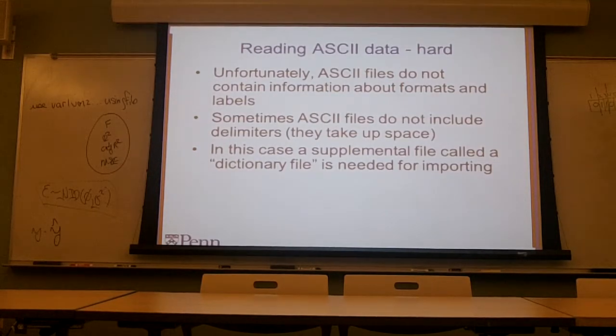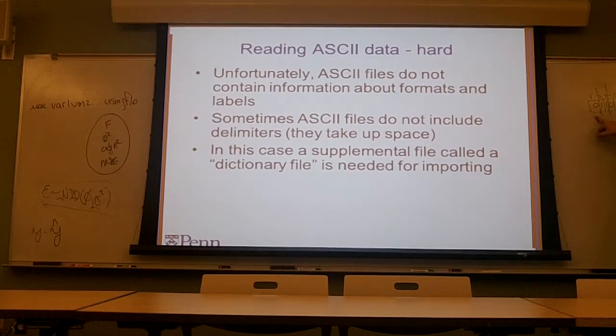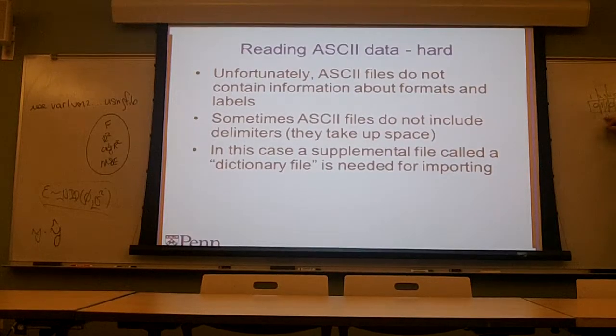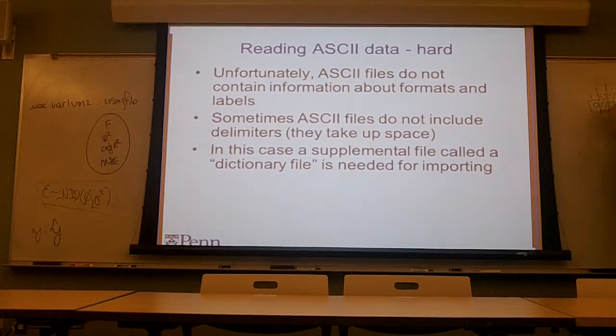So you have to tell Stata, well, in the first position, I can store this as a byte because it's only a 0 and 1. This would probably be an int, right? Or actually, it might even be a byte because I think a byte goes up to 127, right? And then 1, 2, 3, 4, 5. I don't know what this is.